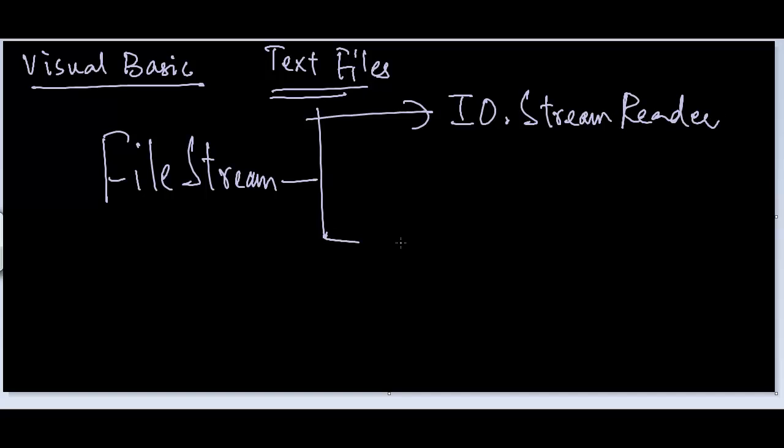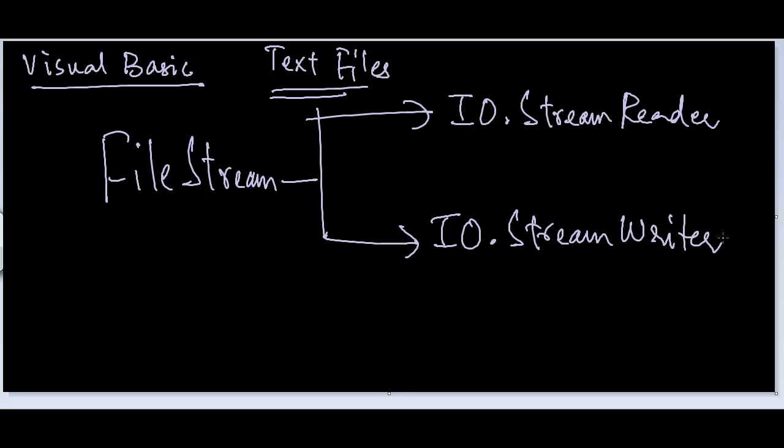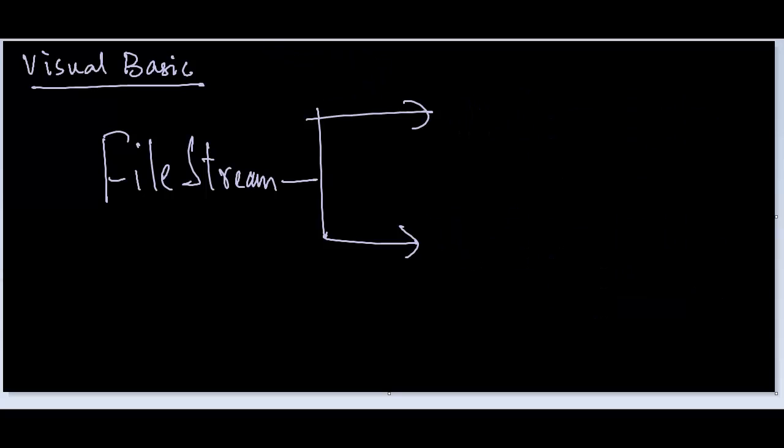Okay, and if you want to write to the file stream, we're going to be using this class called IO.StreamWriter. So a StreamWriter would enable us to write a sequence of bytes on the file stream, and IO.StreamReader would enable us to read a sequence of bytes from a file stream.